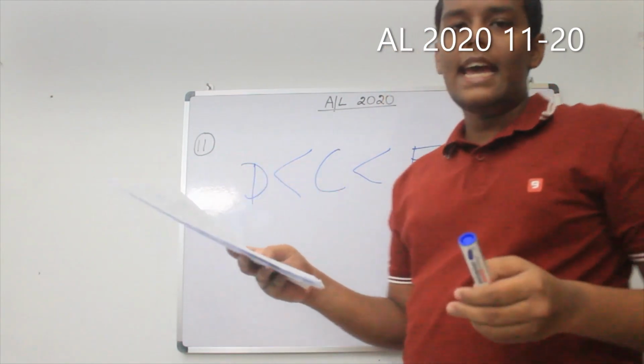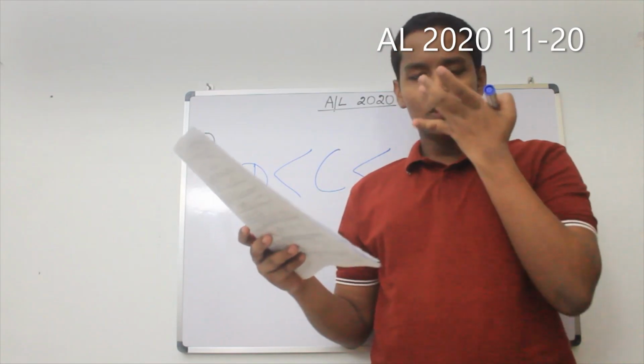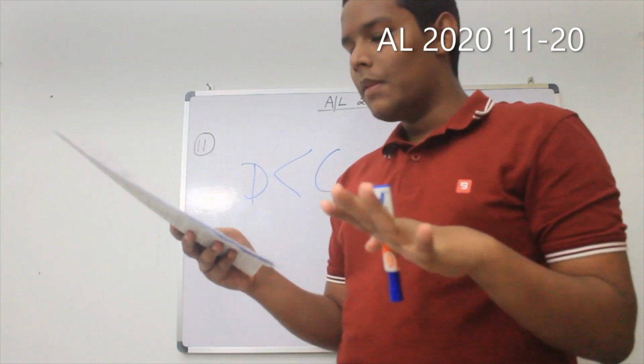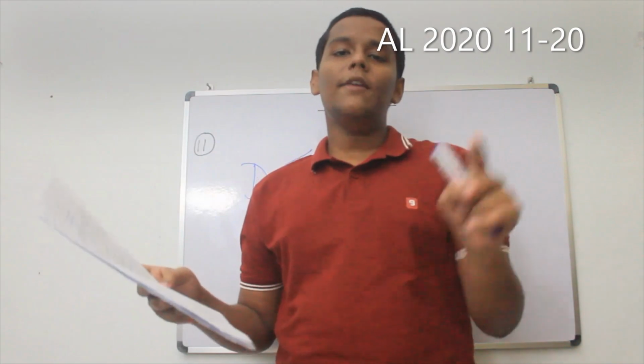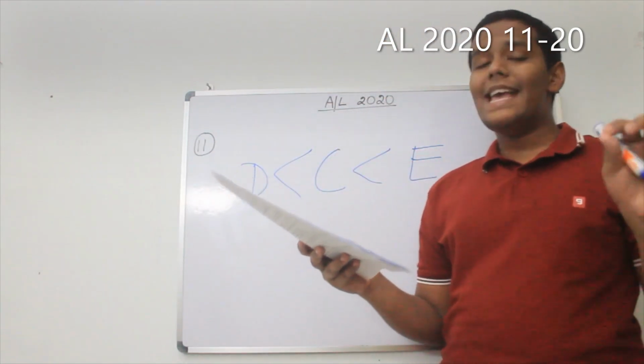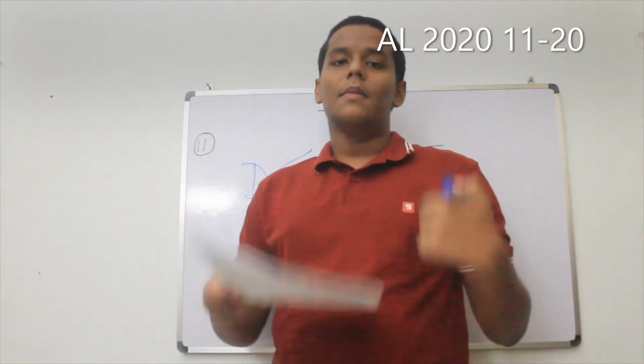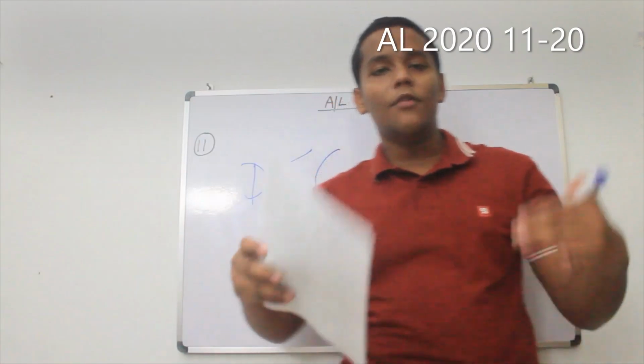Then if you consider A and B, both of them are simple alkanes. So since they are simple alkanes, they have only London forces as the predominant forces. But the boiling point of B is less. Why? We have more R groups, so lesser surface area. Lesser surface area means less amount of London forces.